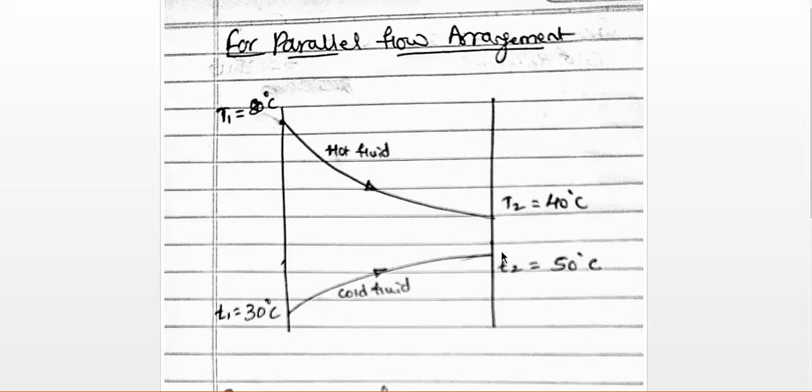The exit temperature of the cold fluid should be less than 40 degrees Celsius, then only would it be possible. Try to understand this part: the cold fluid exits at 50 degrees Celsius, whereas the hot fluid exits at 40 degrees Celsius, so this is not possible. So now we will go with the counter flow heat exchanger.